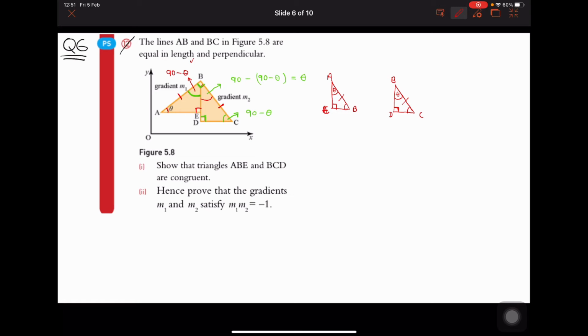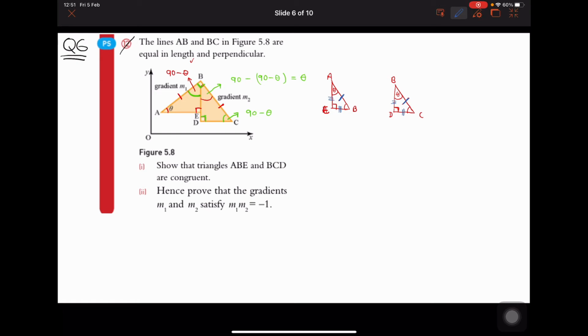But if one was an enlargement of the other, then the scale factor between this side and this side would have to be the same as the scale factor between this side and this side, and the scale factor between this side and this side.